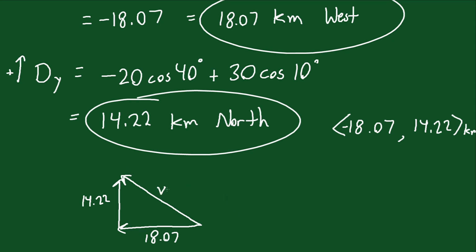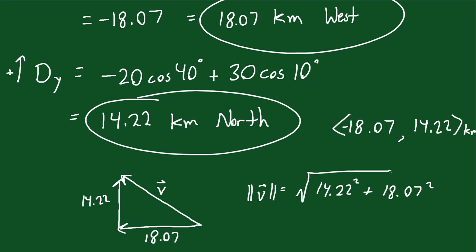If I call this vector v, then I can say the magnitude of vector v is going to equal the square root of 14.22 squared plus 18.07 squared. And if I do that math, then I get 22.99 kilometers, or I'll just say 23 kilometers.